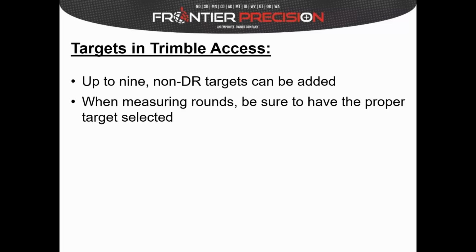Also, when you're measuring rounds, for those of you that do this, be sure that when you set your rounds up, you select and change the proper target. What I mean by that is if I have a 30 millimeter single glass prism for my back sight and I have, say, a Multitrack for my foresight, make sure that when I am on my back sight, I select the right target. When I'm on my foresight, I select the right target.